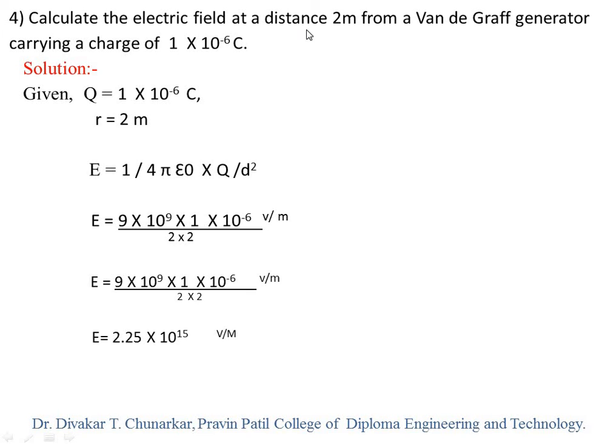If in the numerical problem all parameters are given in the same unit, you do not convert them into another unit. For example, a distance in centimeters, the value of Q in microcoulomb, then the value of K. In this case, microcoulomb and centimeter are both CGS system units, and you would have to convert to meters in the MKS system.